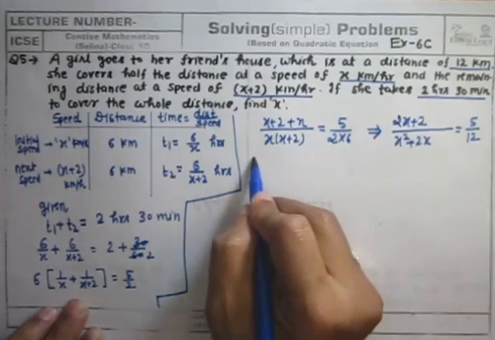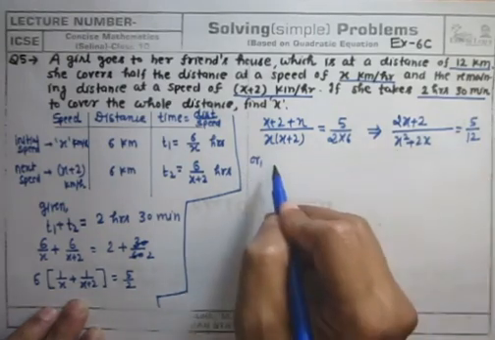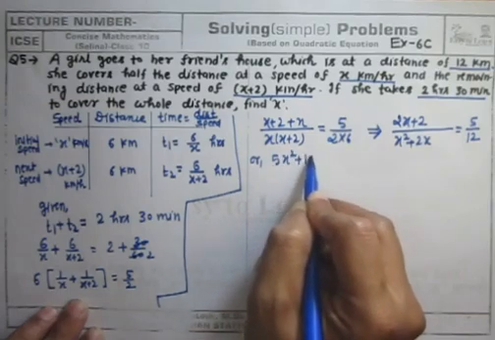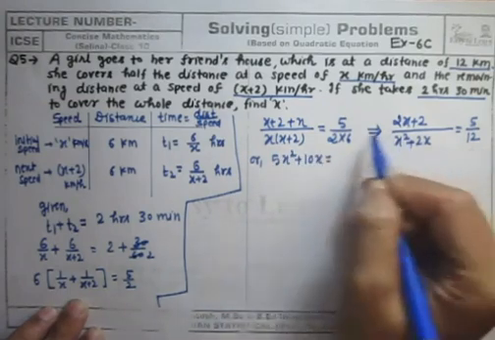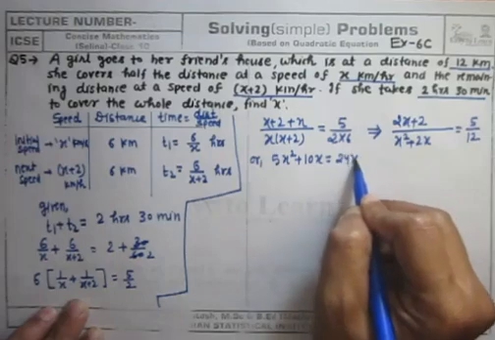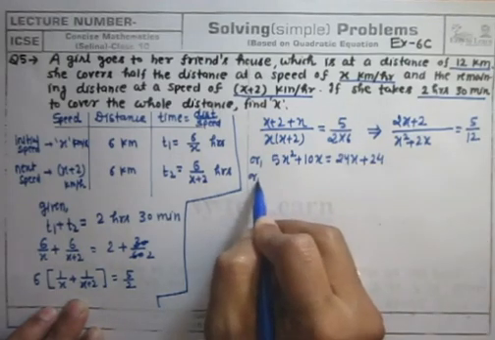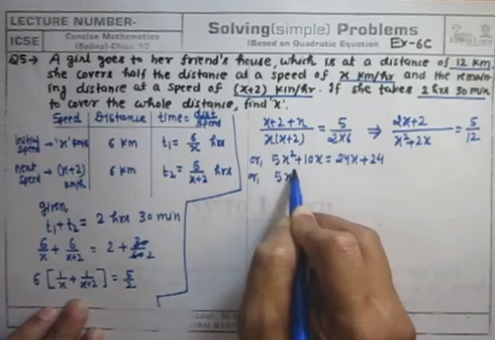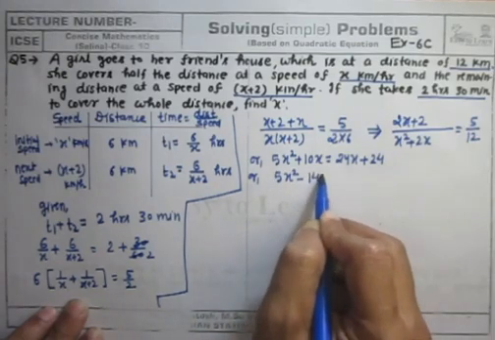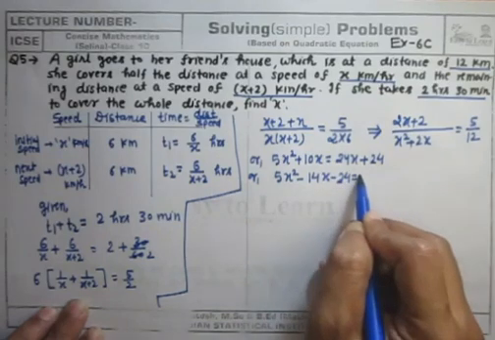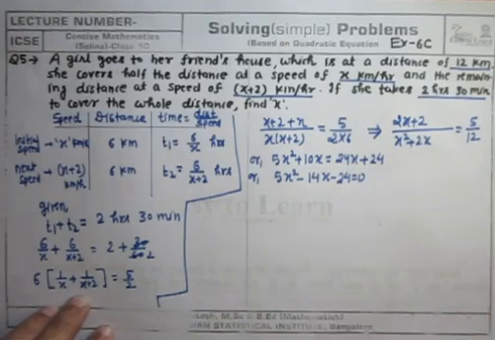Now cross multiply, so it will be 5x square plus 10x is equal to 24x plus 24. So finally we are getting 5x square minus 14x minus 24 equal to 0. So finally we are getting this quadratic equation.